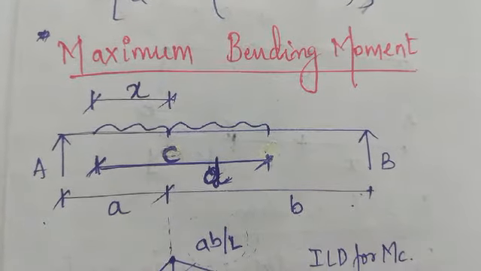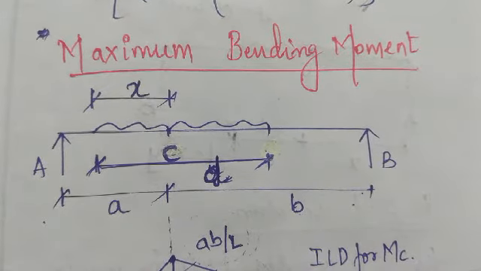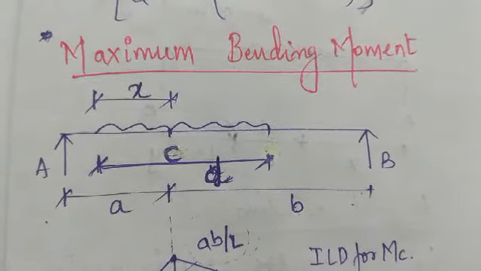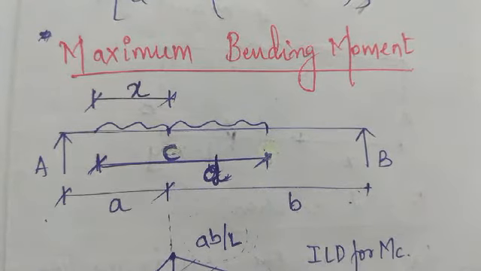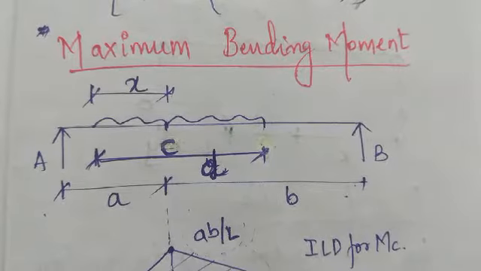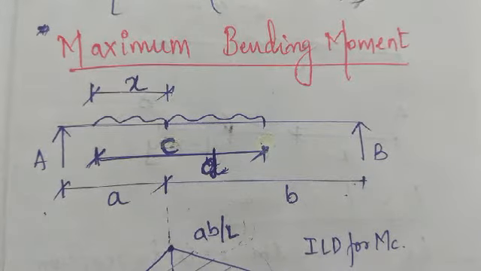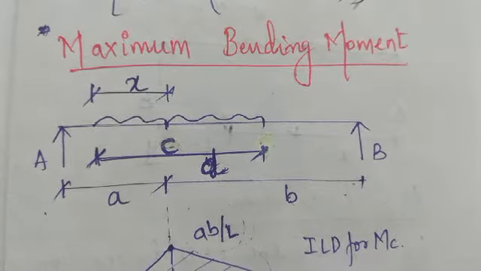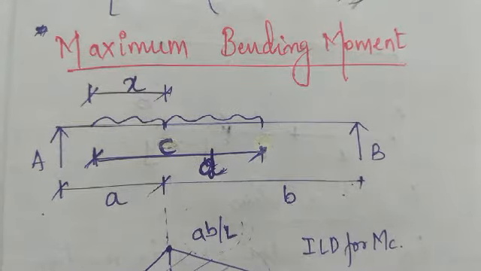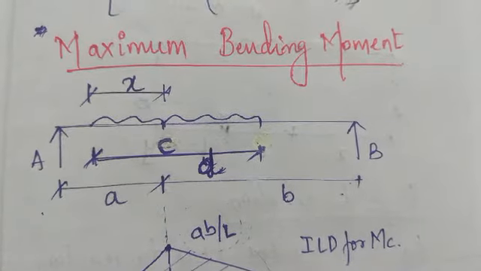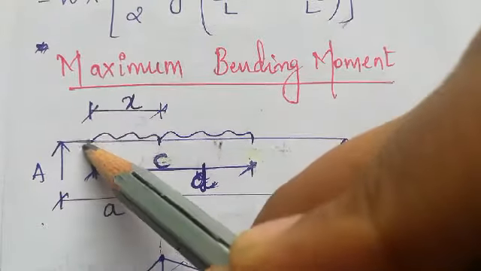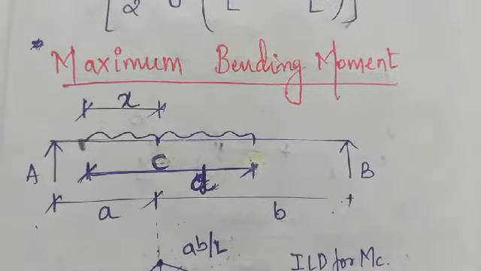Point C is at a distance a from support A and L minus a from support B. The UDL is spread out over a distance of D, and the tail of the UDL is at a distance x from point C.